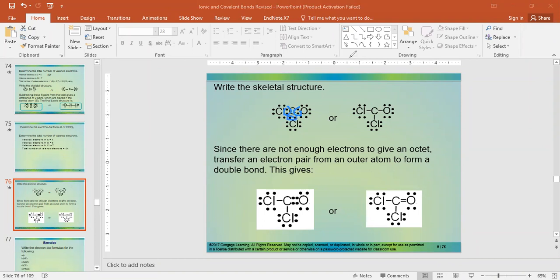That is where we are saying that since there are not enough electrons to give an octet, especially for carbon, then we actually borrow electrons from one of the atoms, because you can see these other atoms have lone pairs of electrons.